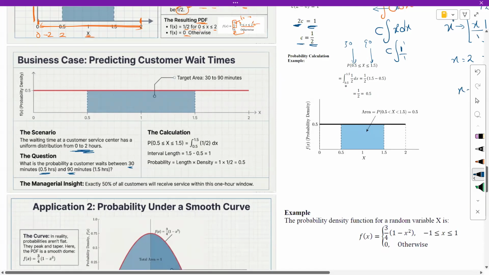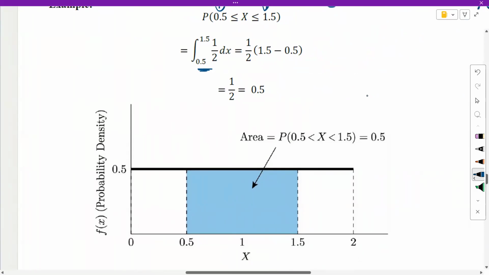Here we substitute in the integration function. Lower limit 0.5, upper limit 1.5. For the integration function means area. We know c is 1 over 2 or 0.5, dx. Now we bring out this 0.5, and we substitute 1.5 and 0.5.